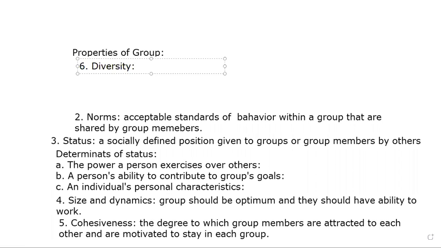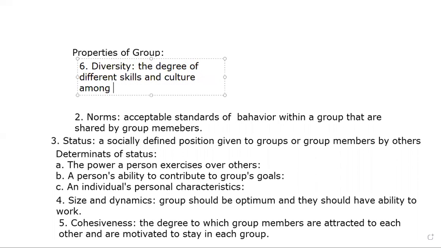Diversity means there must be different skills and expertise. That is diversity. Therefore diversity is defined as the extent to which members of a group are similar or different from one another. Diversity means the degree of different skills and culture among group members.